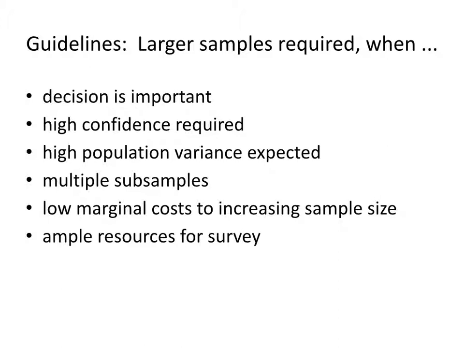Usually those decisions require higher confidence. Or if the population variance is expected to be high, and of course we know that if population variance is high, there'll be more error in our sample, and so the sample will need to be larger to offset that.